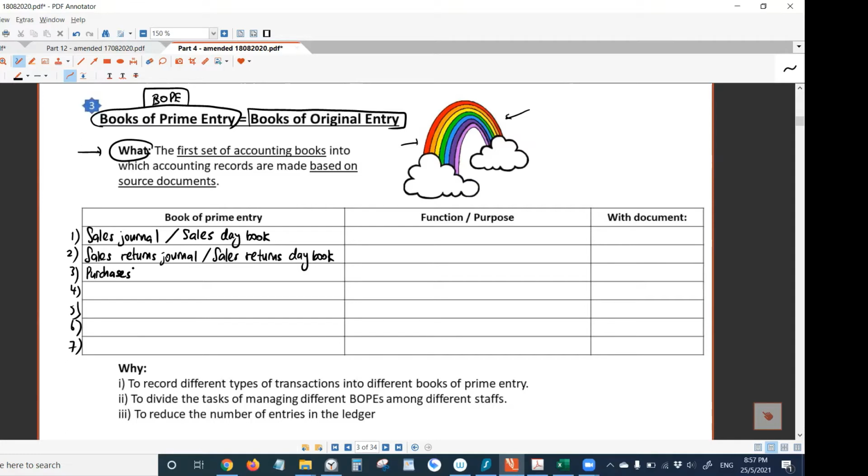Third book of prime entry, purchases journal, also known as purchases table. Okay, the word purchases, it looks like an A here. Okay, next.